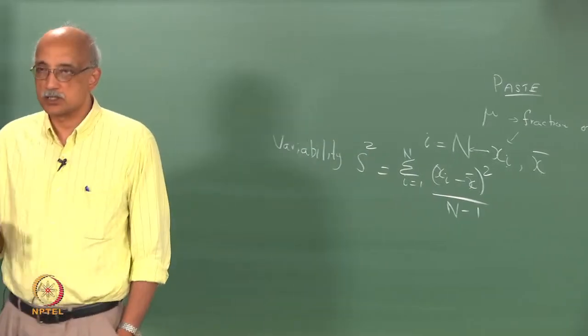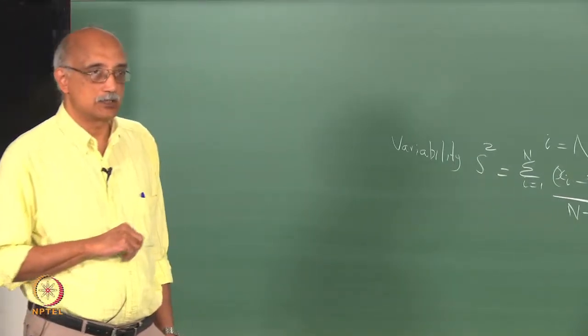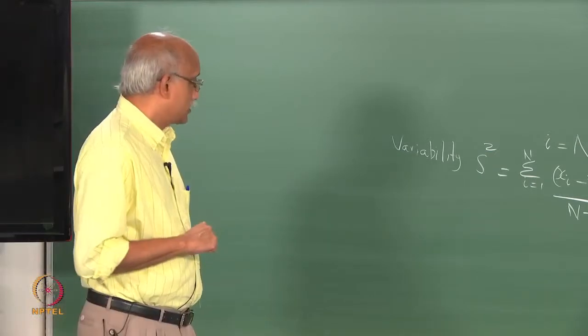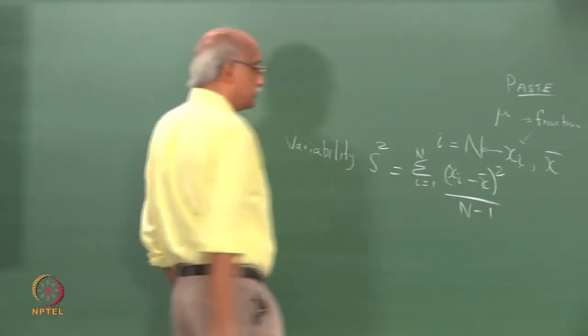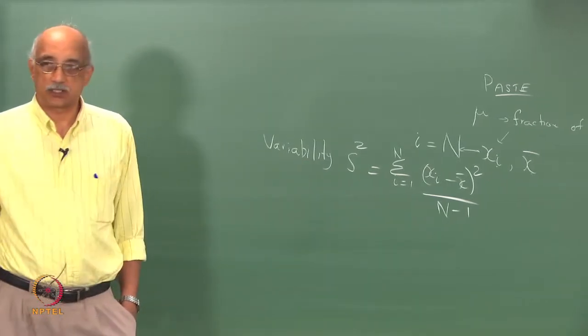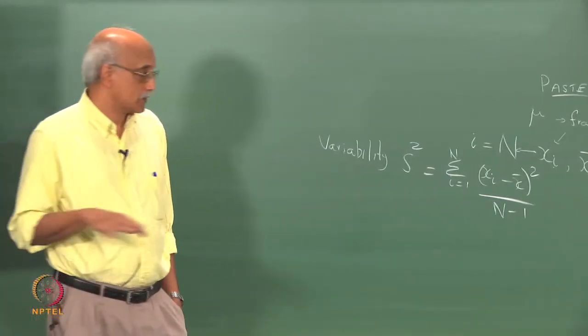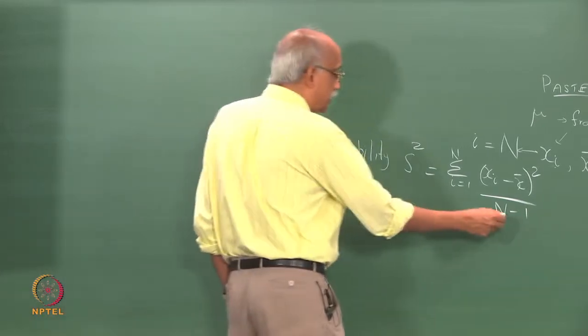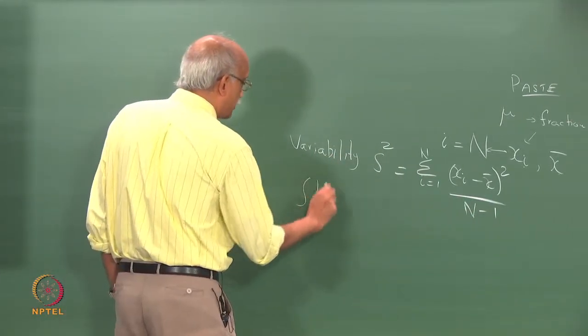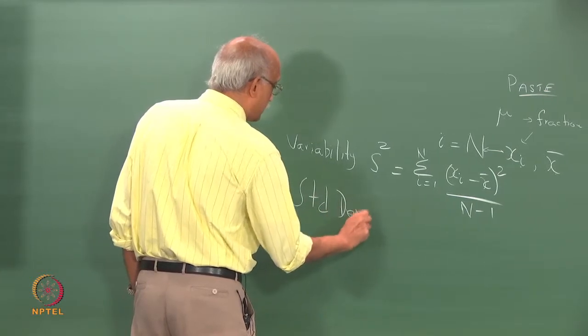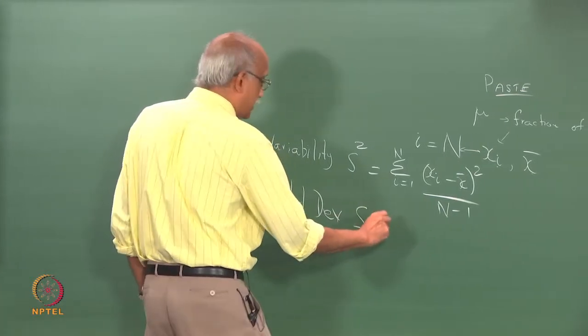You are familiar with the concept of variability and standard deviation. So, you take the summation of the total deviation of the individual data points xi from the mean value divided by n minus 1, and that gives you the variability. If you take the square root of that, that is called standard deviation S.